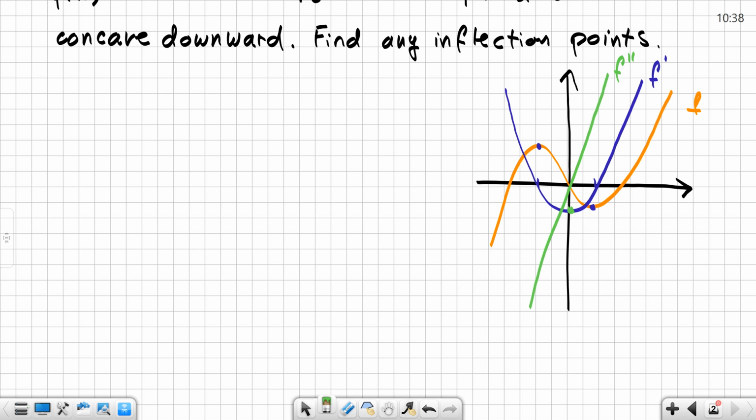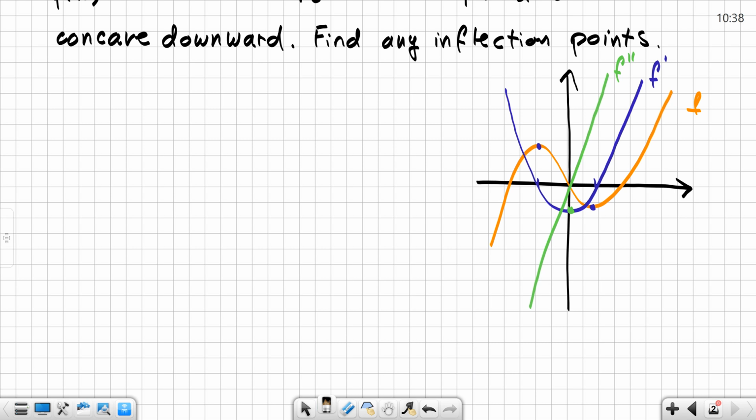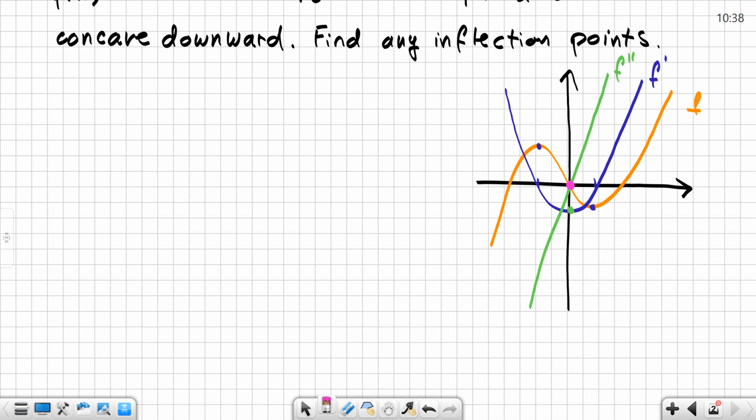Now, these three graphs are basically showing me everything that I need to know about my second derivative test. I am looking at my second derivative, the graph of it, where this graph is 0. I have a possible inflection point. An inflection point is a point where my original graph changes the concavity. It kind of wiggles around.